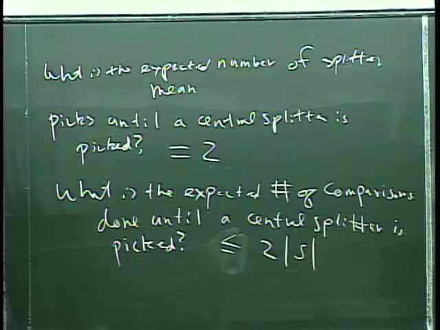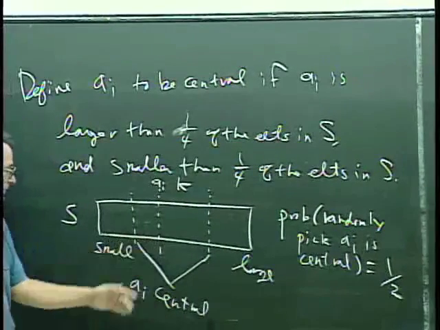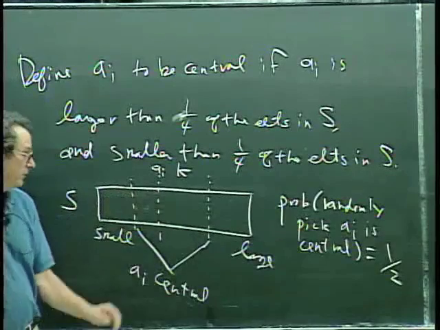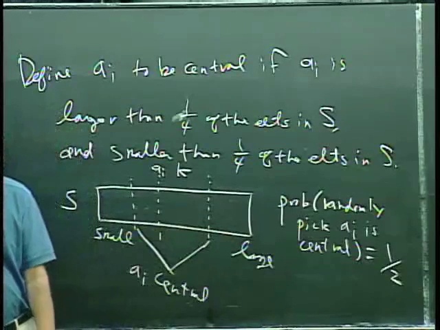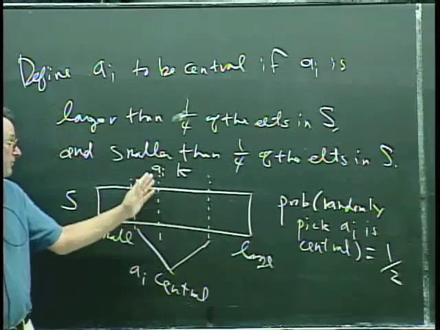Now we don't know what k is, but in the algorithm, you're picking a splitter. Maybe it's here, happens to be central, and then you look to see all the elements that are smaller. It's here, and all the elements that are larger, it's over there, right? And then depending on what k is, either you're finished.